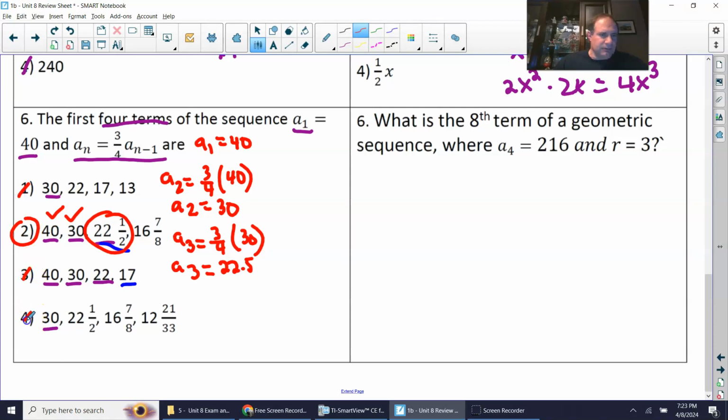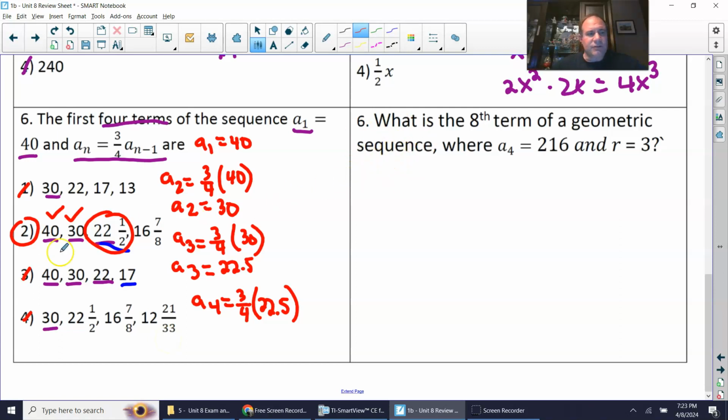This cancels, this cancels, this cancels, and that's it. If you did a sub 4, it would be 3 over 4 times 22.5, which would equal 16 7/8. But you don't need to do that anymore.